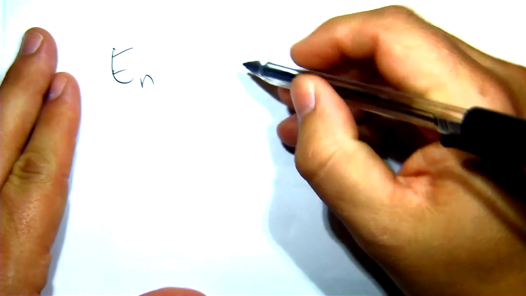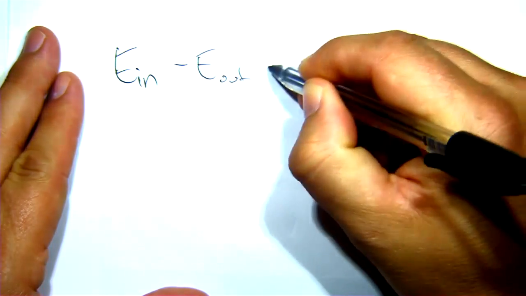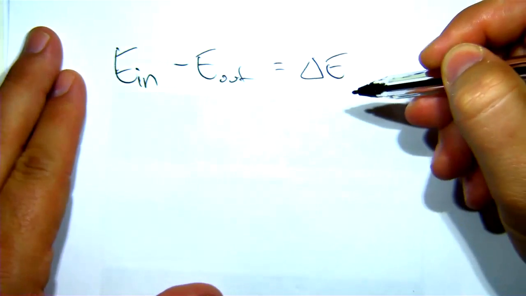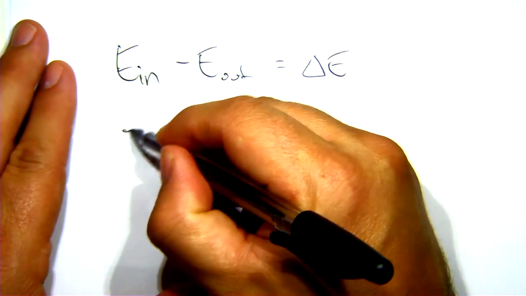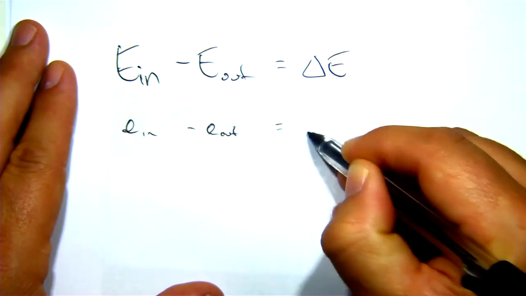We started with E in minus E out equals delta E. We said we like to work on intensive units, so divide through by mass. I can use little e in minus little e out equals delta little e.